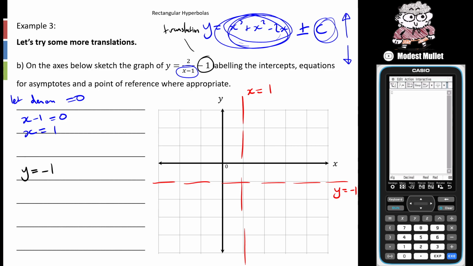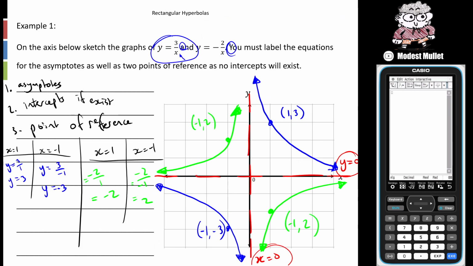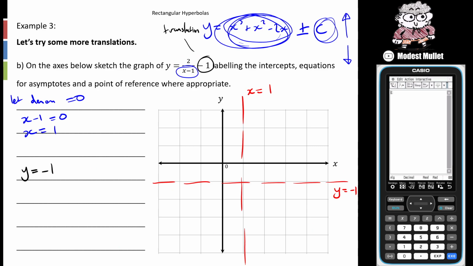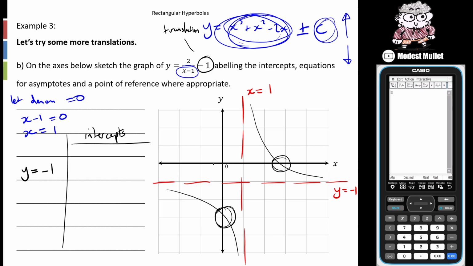Now we want to look at our shape, because we need to think about, do intercepts exist? Our shape between the asymptotes has to be here and has to be here. So we have this intercept here, but we also now have an x-axis intercept. So we're going to have to find both intercepts. Let's do the y-axis one first, because that's always the nice easy one.